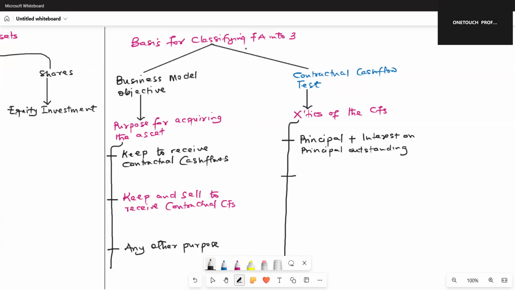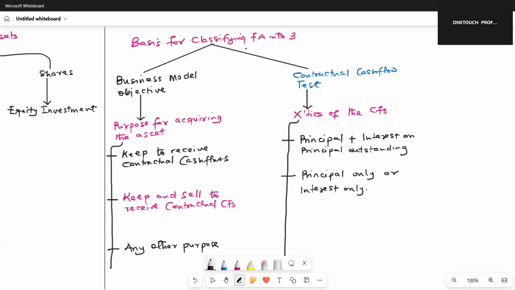And then some will receive principal only or interest only. So always we'll look at the business model objective, then we'll look at the characteristics of the cash flow.